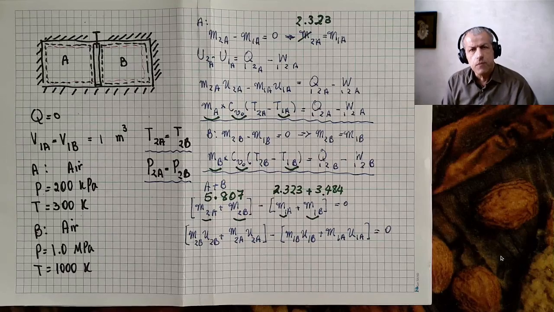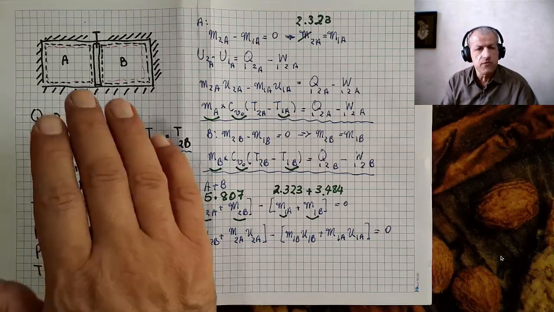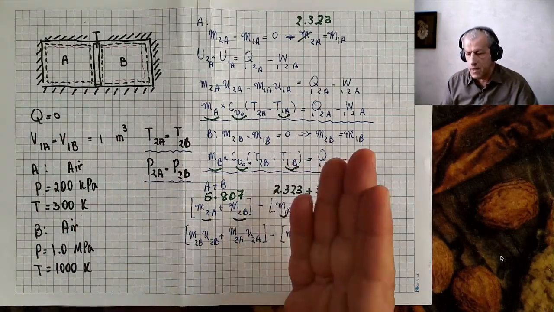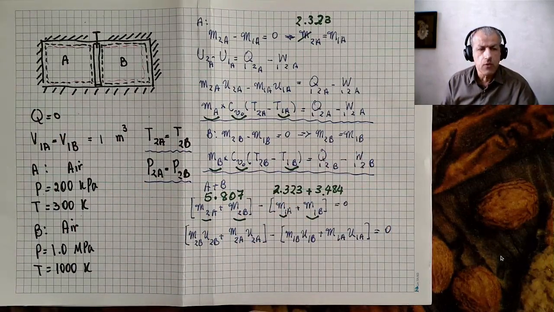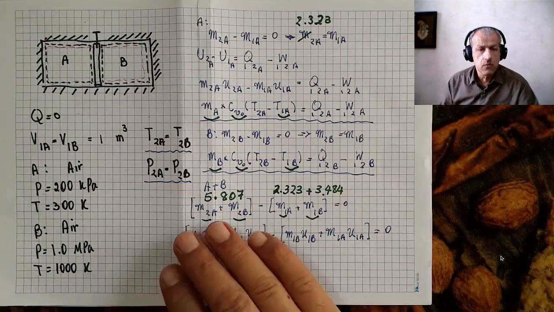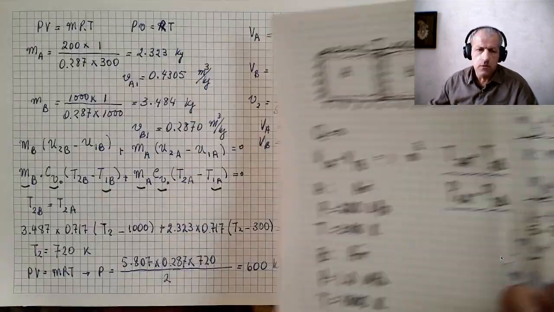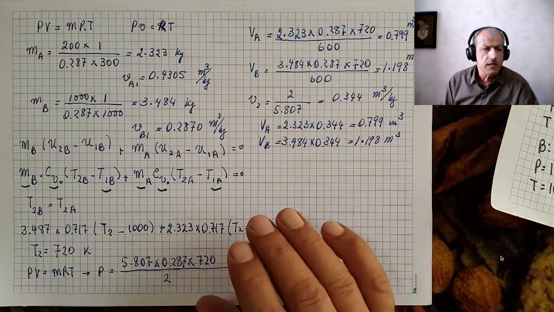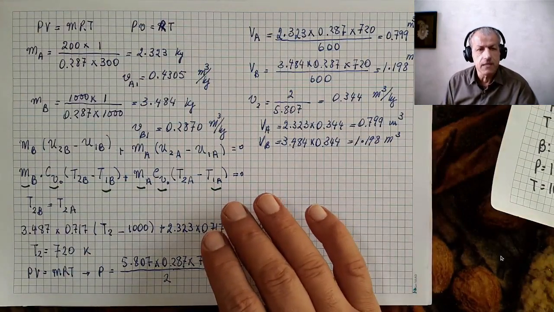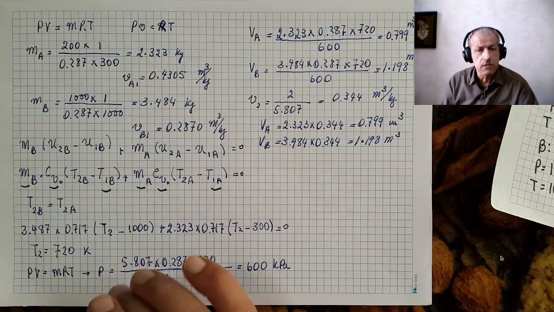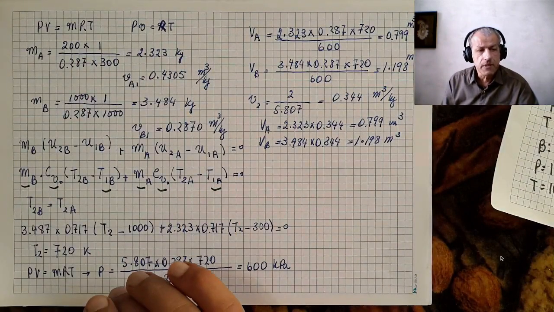Greetings. In the previous two videos, we managed to define our problems, write down the equations, and we knew what the initial conditions were, and also we managed to calculate the mass in each section. This was the calculation of properties.